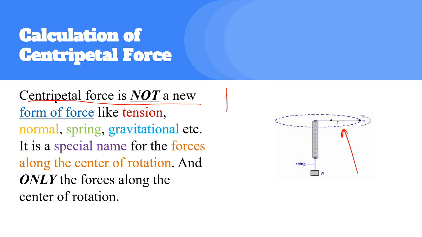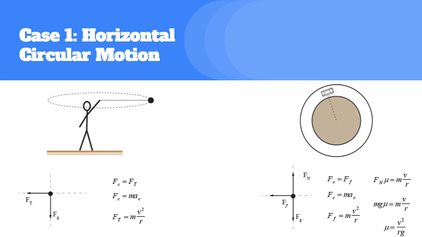In this case, tension is my centripetal force, so tension is equal to mv squared over radius. In a free body diagram, you do not show Fc because Fc is not a form of force. It is a name for the force that is keeping the objects in their circular orbits.